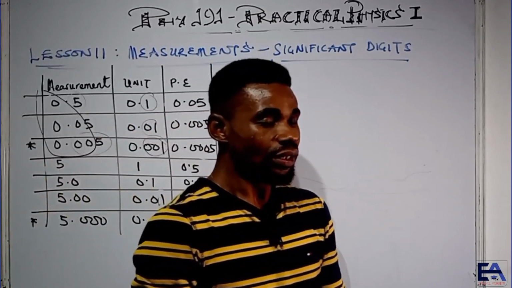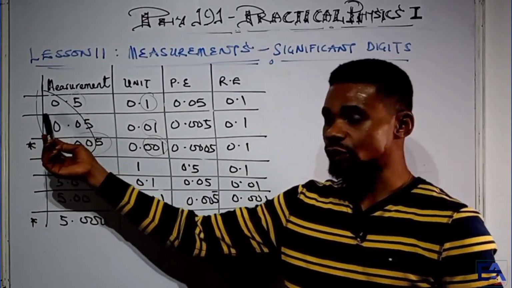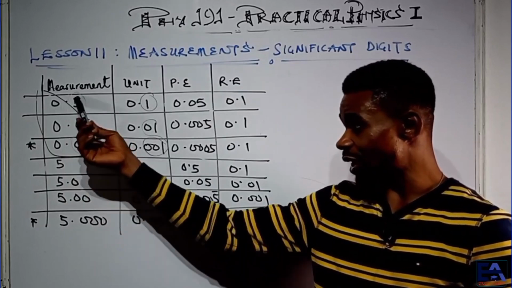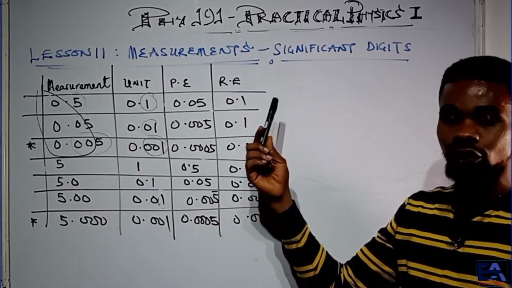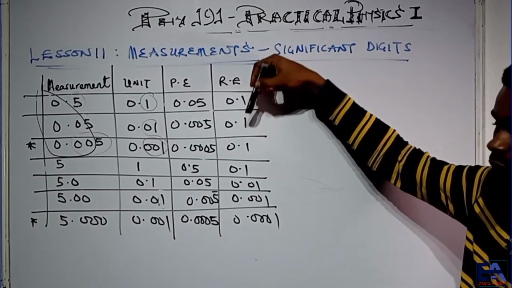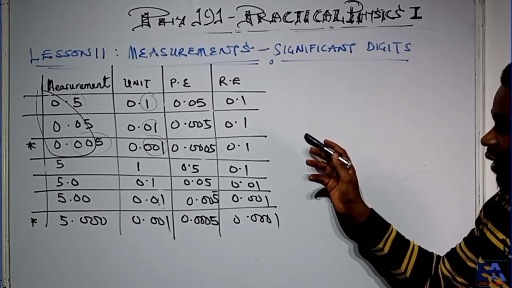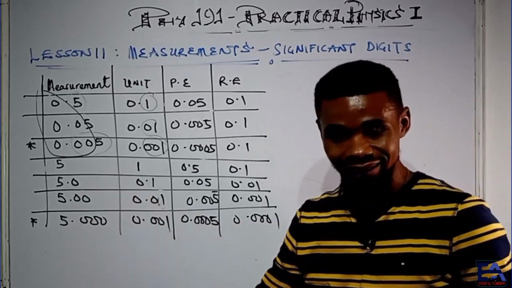Now, I said zeros that come before a significant number like this 5 are non-significant. As you can see, they did not affect the relative error, which shows that they are non-significant. And then these other ones affected the relative error, which shows that they are significant.